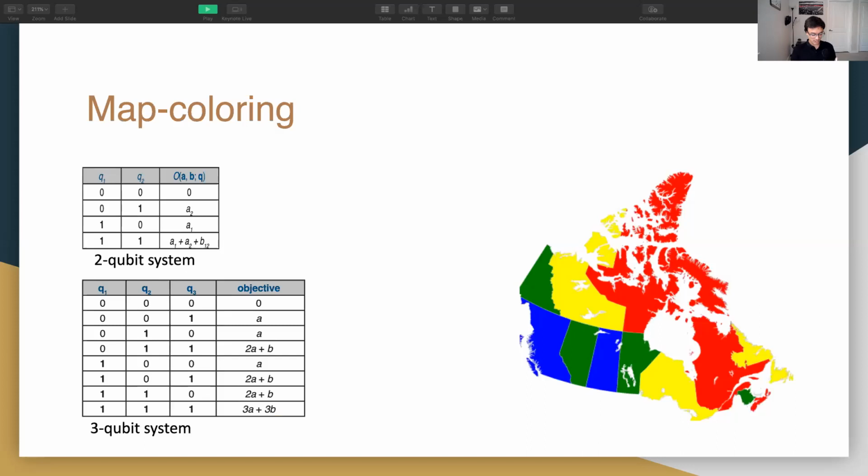And then there is a very interesting problem called the map coloring problem. Let's say we have a country map of Canada, and we want to color this map, but the condition is I cannot have the same color for adjacent regions. To give an intuition on how we can execute it, let's consider a 2-qubit system.